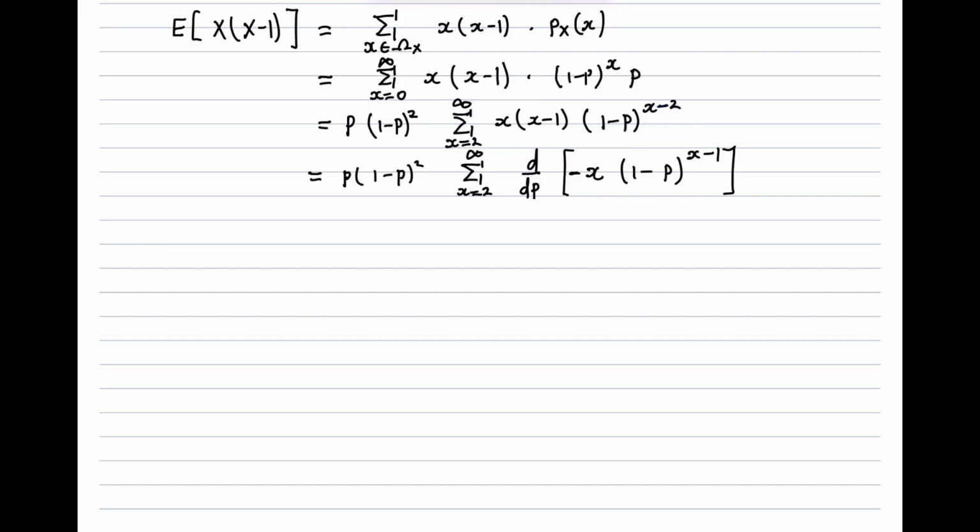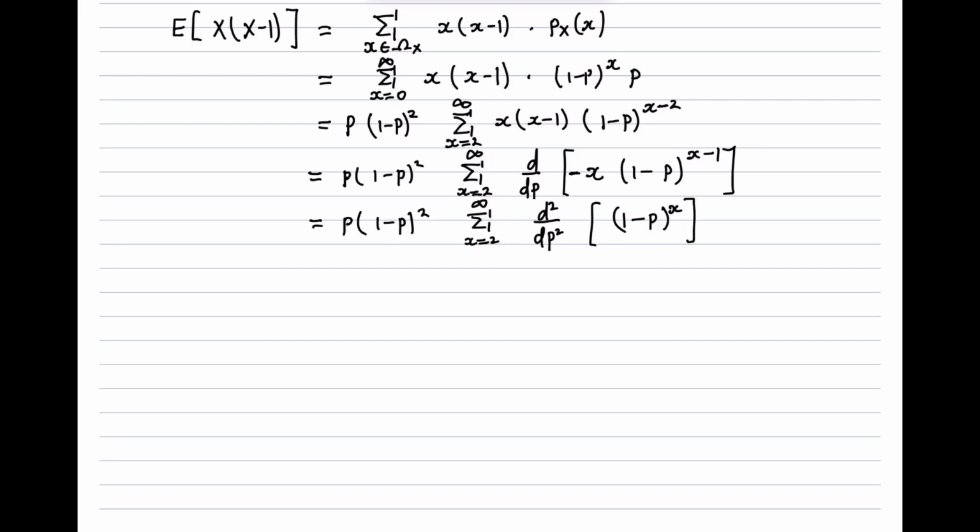We're actually going to do the same process again. p times (1 minus p) all squared, the sum of x equals 2 to infinity. This time again, notice we've got an x, so a power, and a power minus 1 down the front. And so we can rewrite this as the second derivative of the following expression: (1 minus p) to the x.